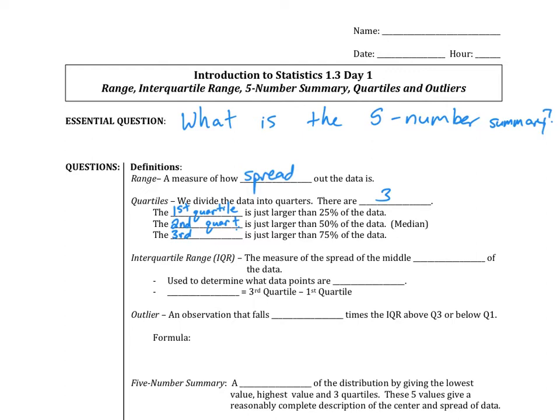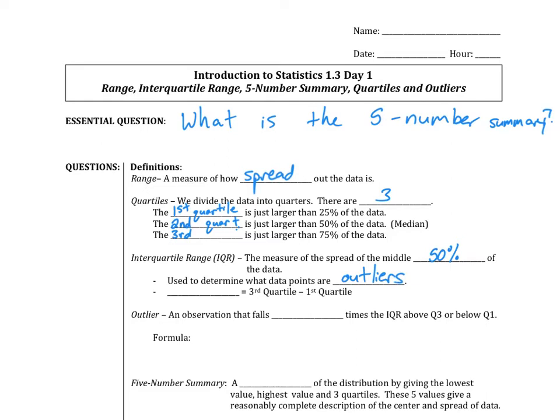Okay, with this comes an interquartile range. We'll call that IQR. This is the measure of the spread of the middle 50% of the data. And we use this to determine what data points are outliers. You may have heard of these words before.